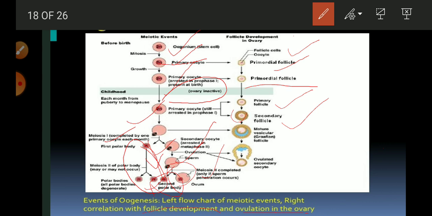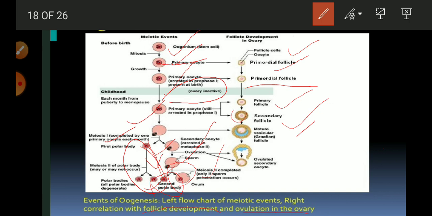That is called the secondary follicle. The secondary follicle gives nutrition, energy, and some enzymes to the egg cell. Then after the first meiosis, the mature follicle is called the Graafian follicle.